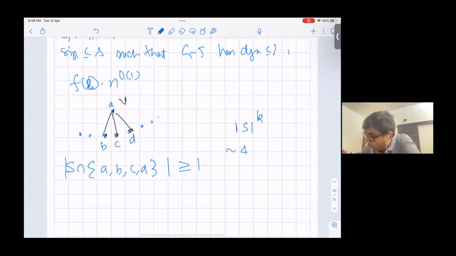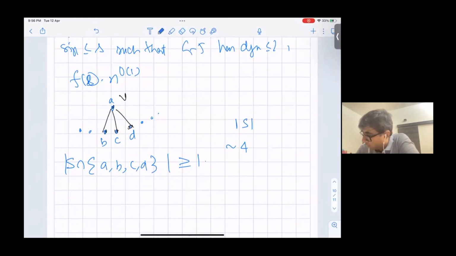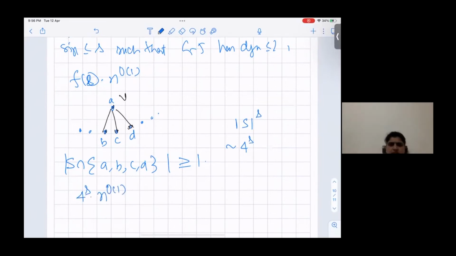So this is a 4 to the power S algorithm, not K, S algorithm. So we did design an algorithm. Would 3 neighbors not satisfy? What do you mean by 3 neighbors? I mean, instead of 4, even if we take 3 neighbors. We have only 3 neighbors, no? B, C, D. Oh, okay.